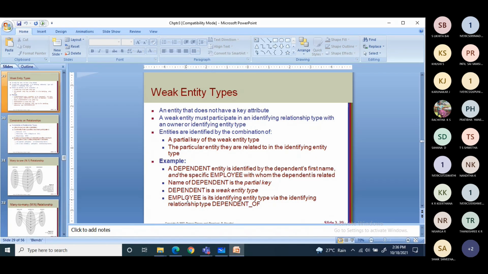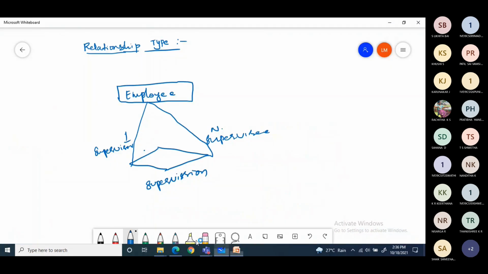Employee, dependent of some employee, that's called a relationship type. I can write it and show you. For the same diagram, let us take dependent here.